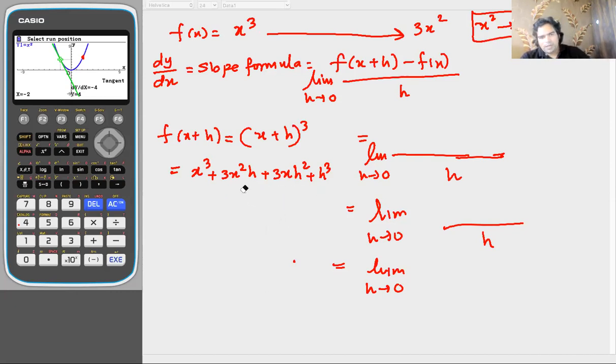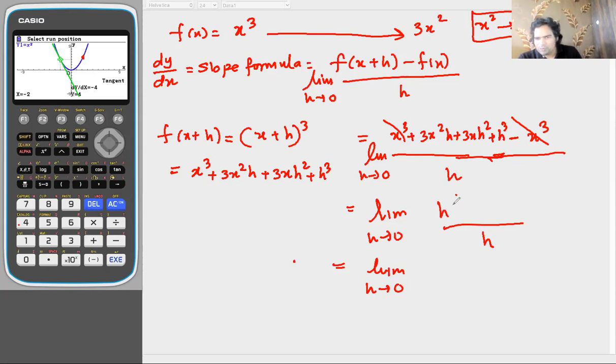Now, when I do this substitution, it becomes x cubed plus 3x squared h plus 3xh squared plus h cubed minus x cubed. So x cubed and x cubed get cancelled.